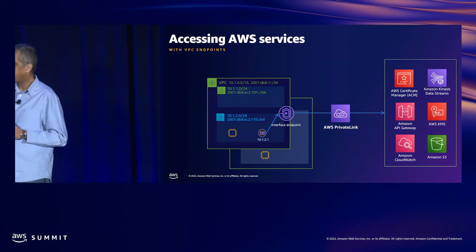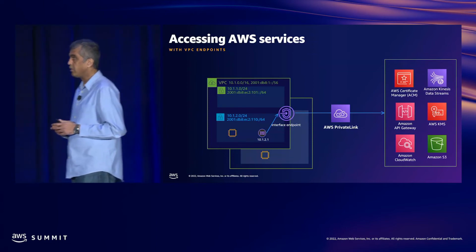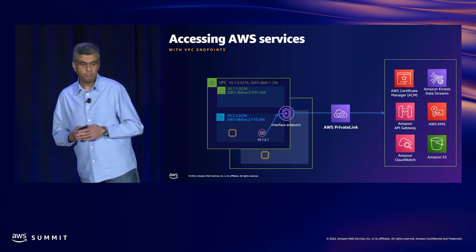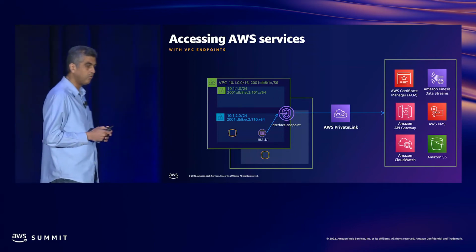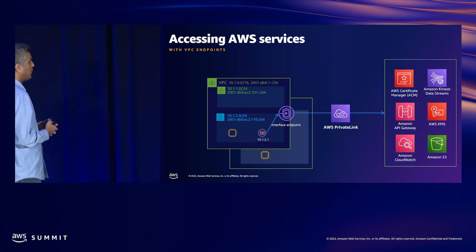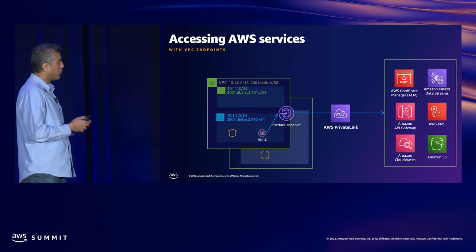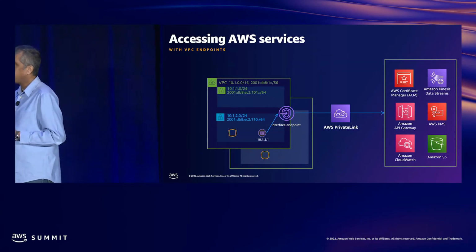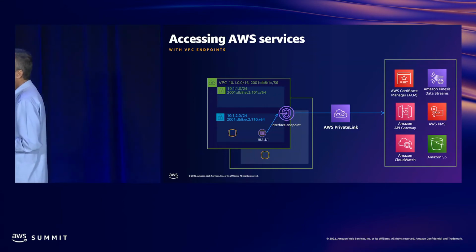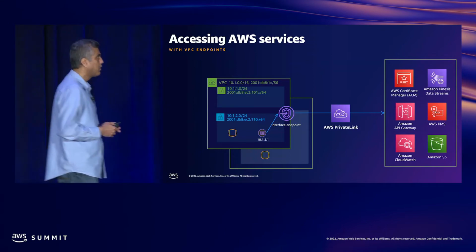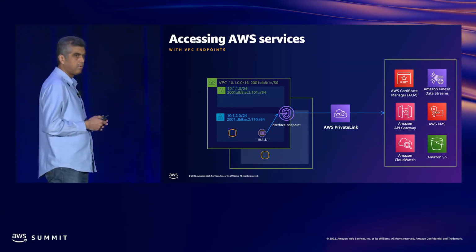We have over 170 services right now, and growing, that support AWS PrivateLink. Based on the service you want to connect to, you create what is called an interface endpoint. An interface endpoint creates an elastic network interface within your VPC subnet. It automatically assigns a private IP address from that subnet range.